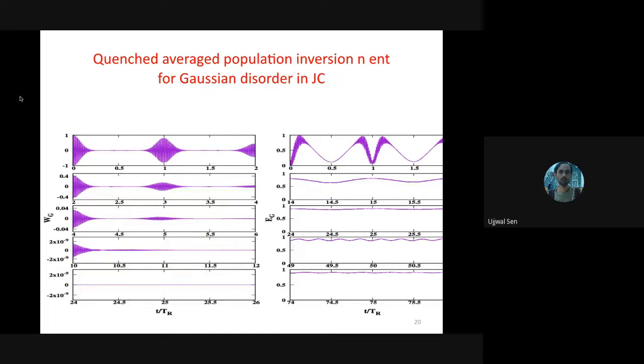And now we consider the same two figures that I had shown you earlier. Remember those two figures? The horizontal axis is again time, and the vertical axis on the left-hand side is the population inversion, essentially the magnetization of the atom, and the entanglement between the atom and the photon is on the right-hand side, on the vertical axis.